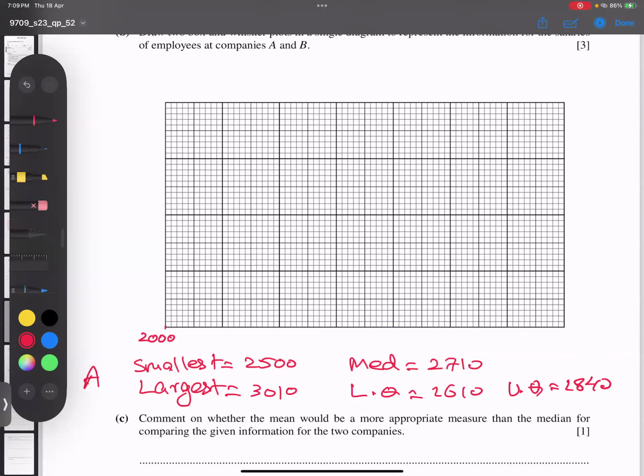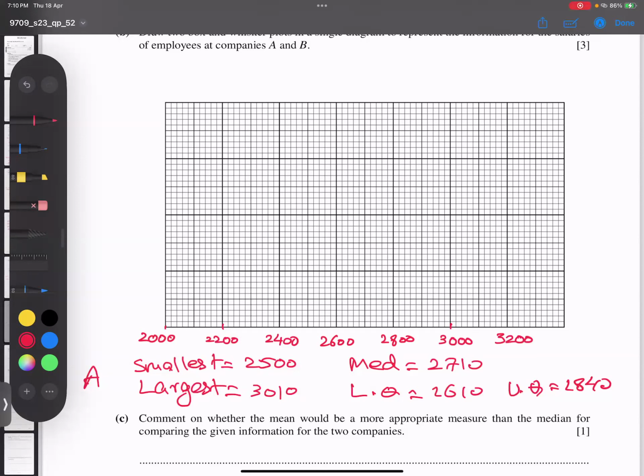So 2000, 2200, 2400, 2600, 2800, now 3000 and 3200.